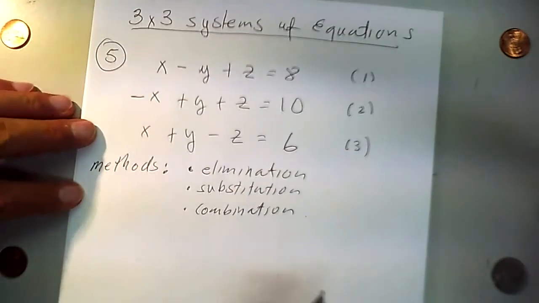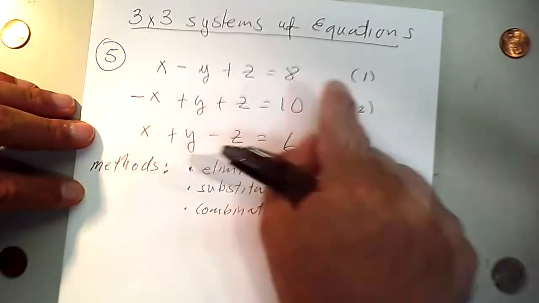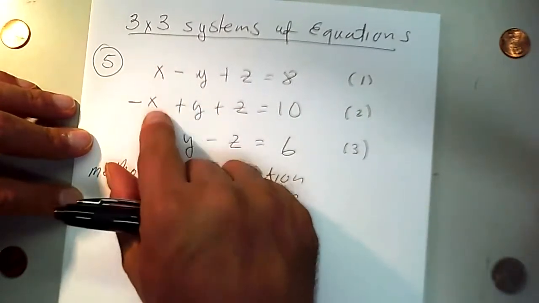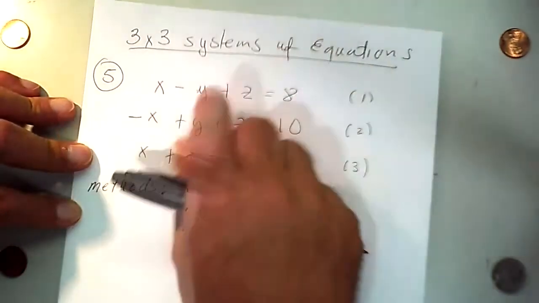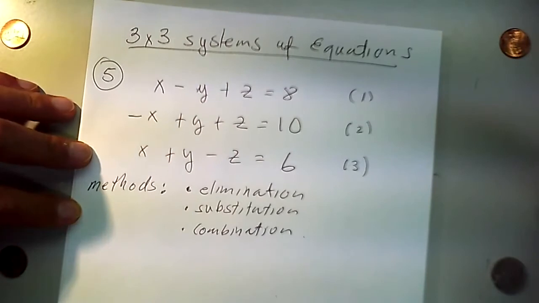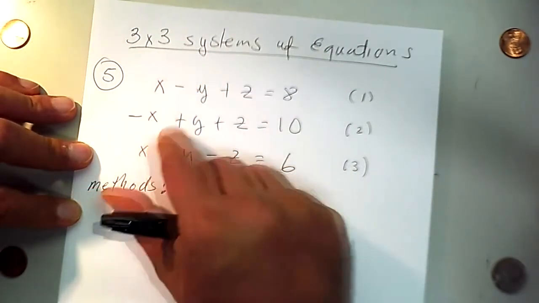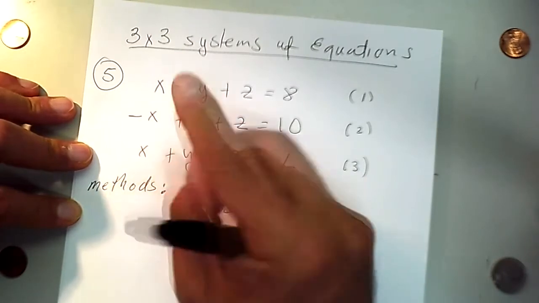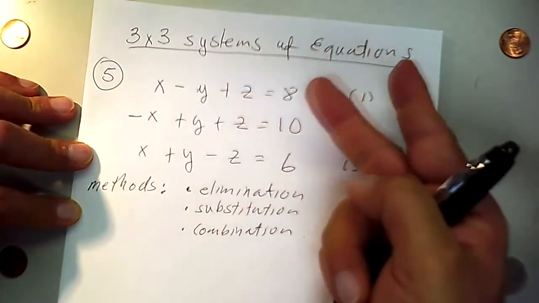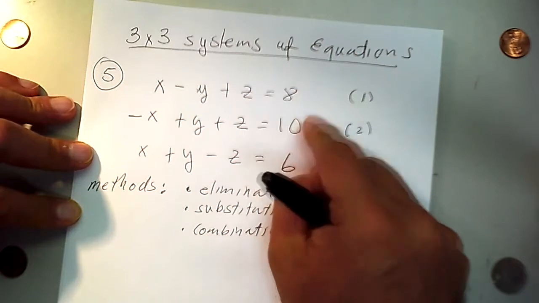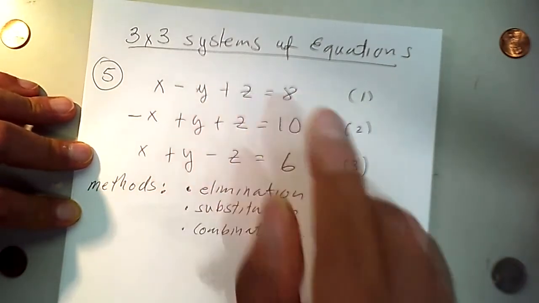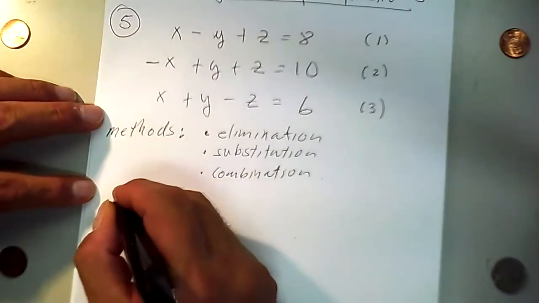All right. If we add equation 1 with equation 2, we notice that the x's are going to vanish immediately. So this plus that is no x. y plus y is 2y. z plus z, 2z. 8 plus 10, 18. So, let's write this down though.